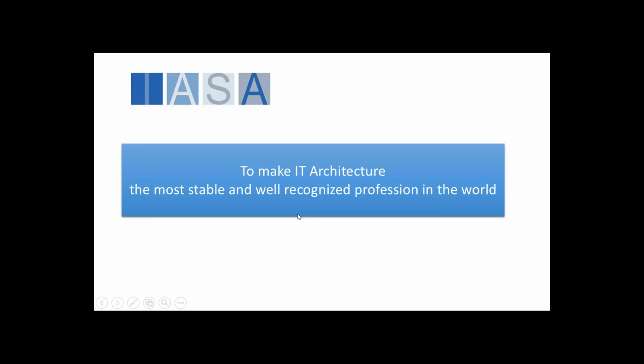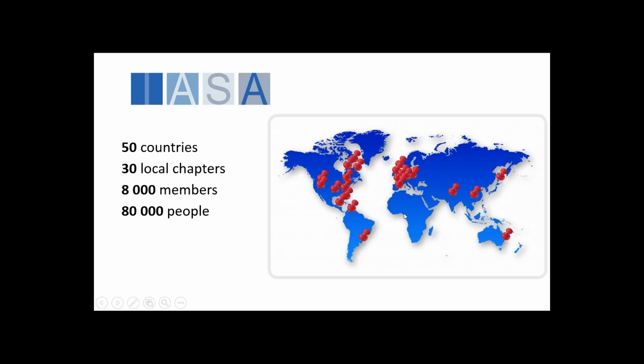I don't think we need to spend much time on the first two slides, but this is the vision of the ISA: IT architecture being more stable and a well-recognized profession in the world. As you may know, ISA is now spread across 50 countries, with about 30 local chapters and 8,000 memberships, and that membership includes corporate accounts as well.